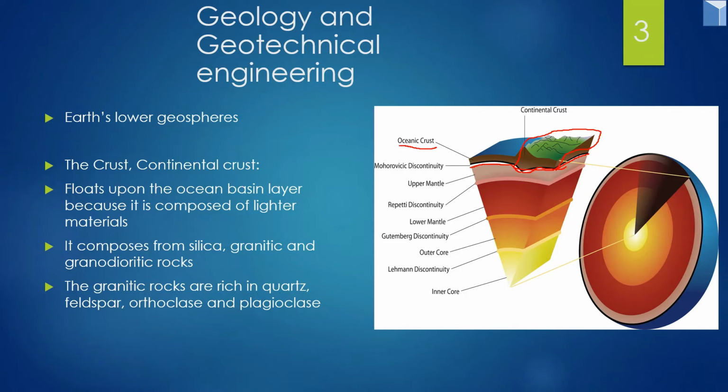So we have the mantle of the earth here. It's also spherical, goes all over the earth's interior sphere, and we have the boundary distinguished by a person called Repti. We call it the Repti discontinuity, which gives us an indication of a change in materials in the mantle.